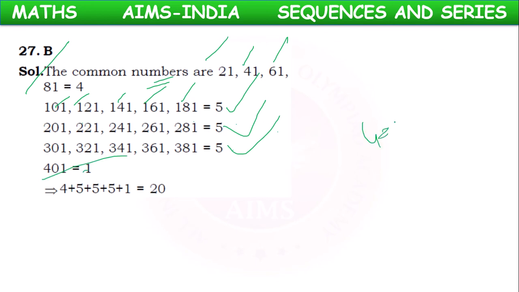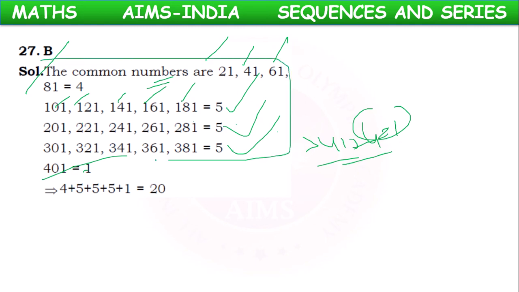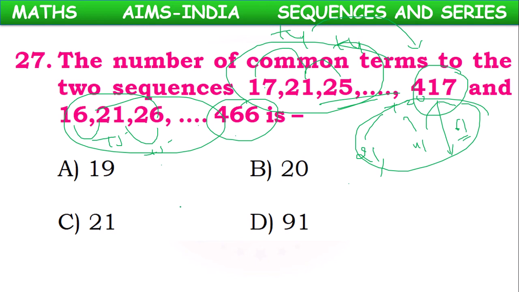After that 421 will be common, but it is greater than 417. So up to 401 we have these common terms: 4 plus 5 plus 5 plus 5 plus 1. So total 20 common terms are there.